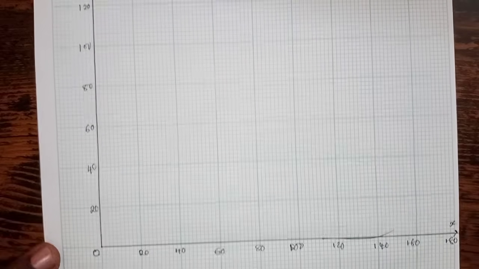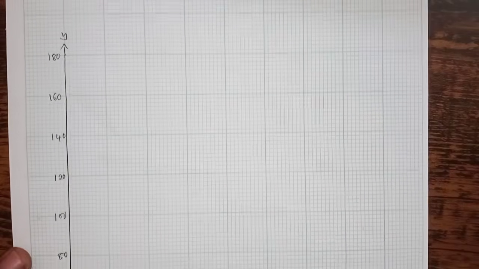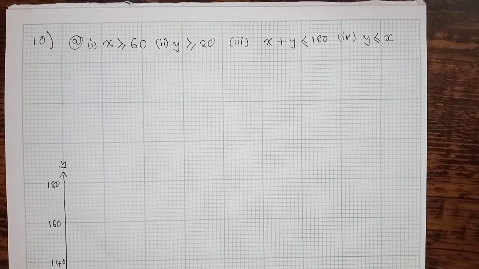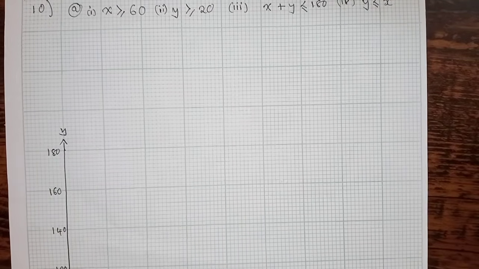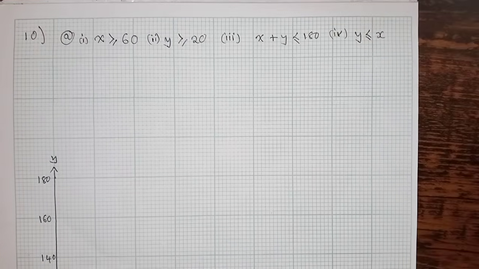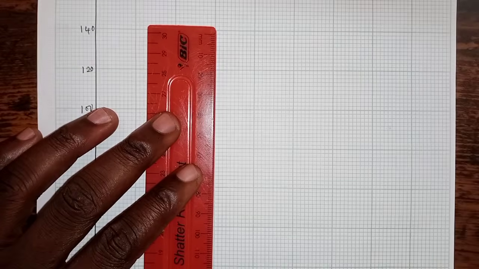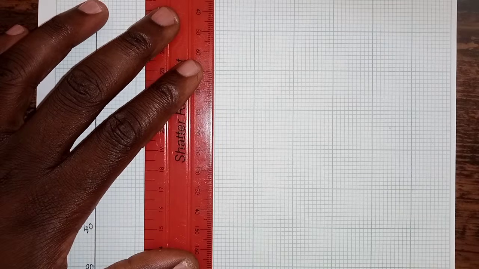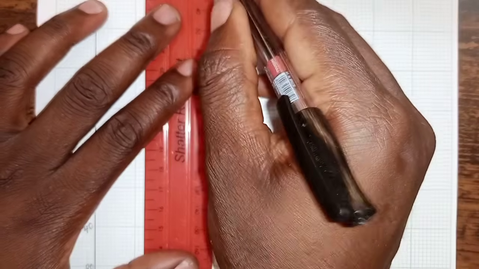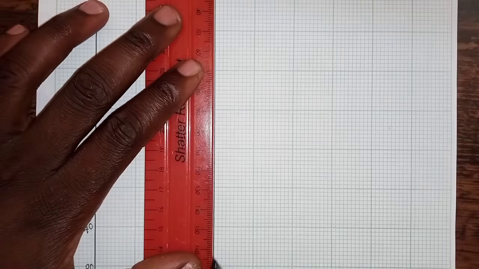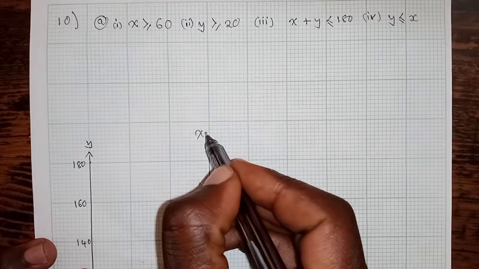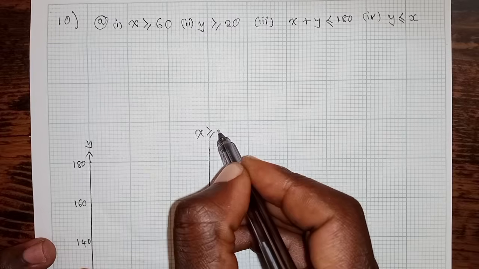So since we have these things, we can now start doing our graphs. The first one is X is greater or equal to 60. So you go to where 60 is here, okay? You draw your line passing at point 60, and indicate that this is X is greater or equal to 60.